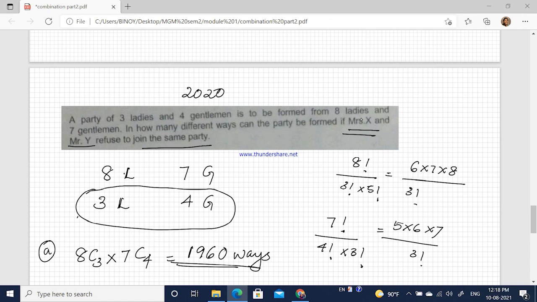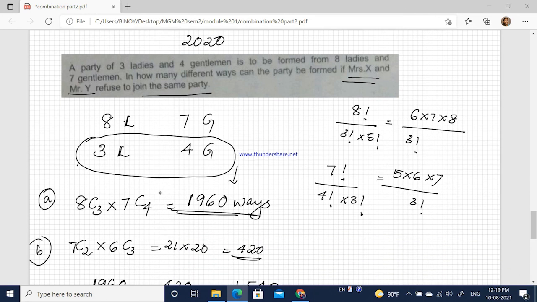Then in how many different ways can a party be formed if Mrs. X and Mr. Y refuse to join the same party? In this we include X and Y. If you are excluding X and Y from the above combination, the 8 becomes 7 and the selection becomes 2, and from 7 we exclude to 6 and the number of gents is reduced to 3.